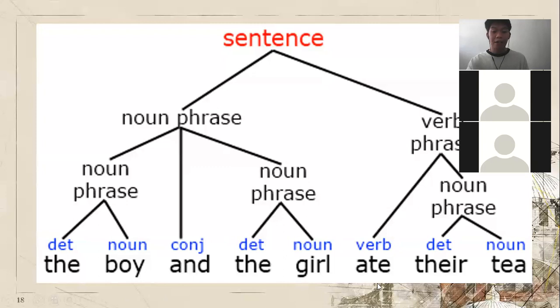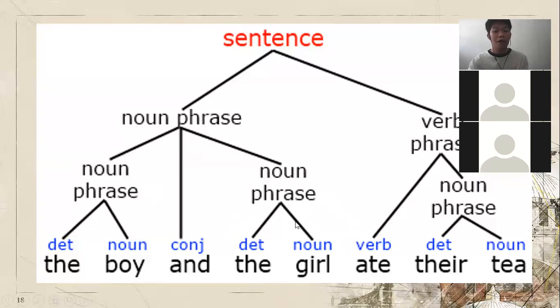Another one, the boy and the girl ate their tea. So in the noun phrase, it's possible that there are two noun phrases, if the subject is more than one.